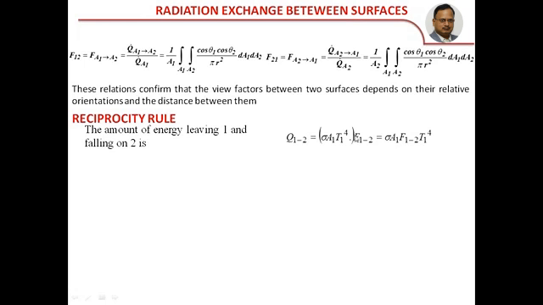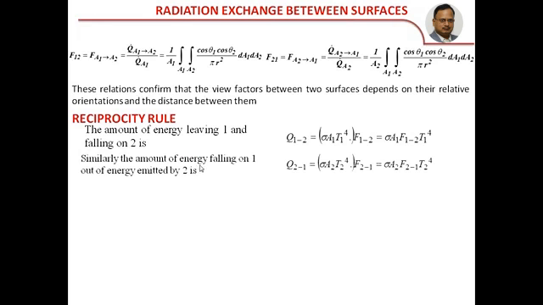What is F12? F12 is the fraction of energy leaving body 1 and falling on body 2. So if you multiply the amount of energy emitted by 1 with the shape factor F12, you get the amount of energy leaving 1 and falling on 2 as sigma A1 T1 to the power 4 into F12.